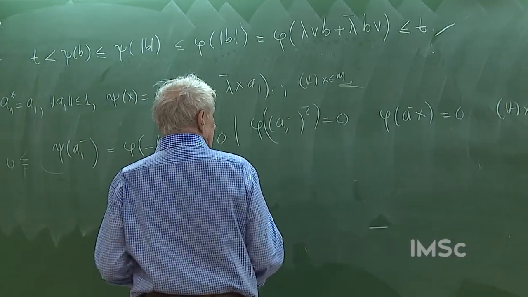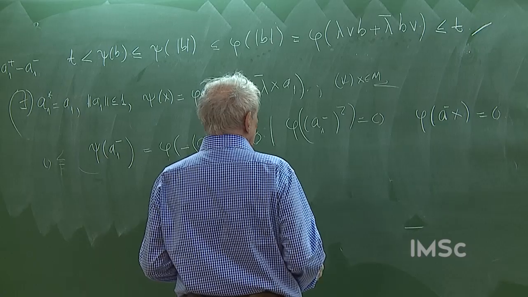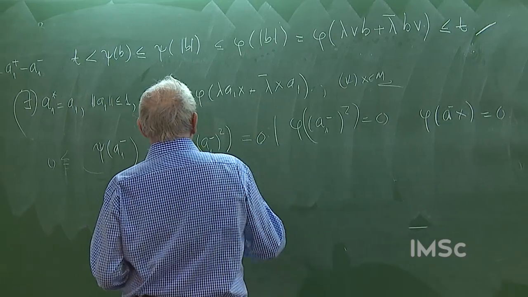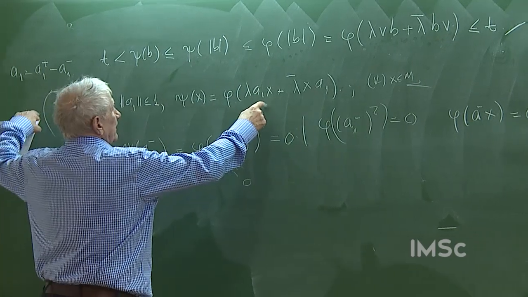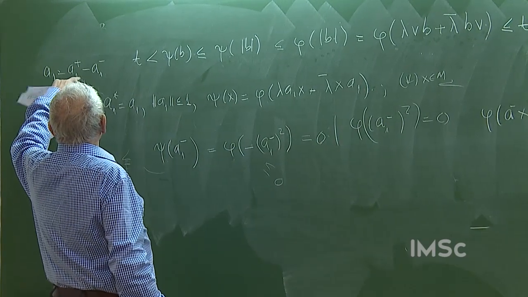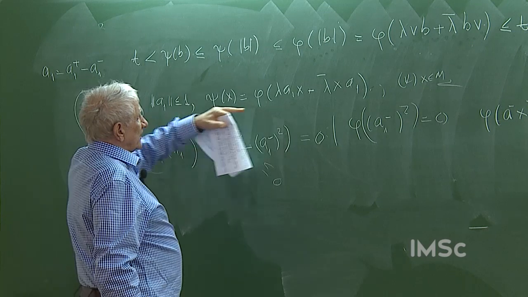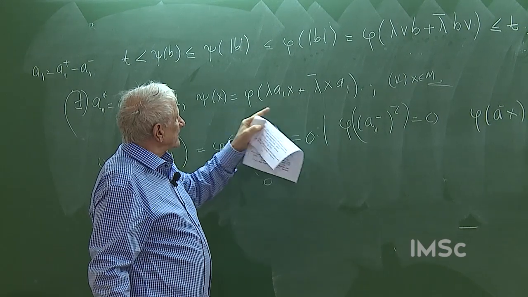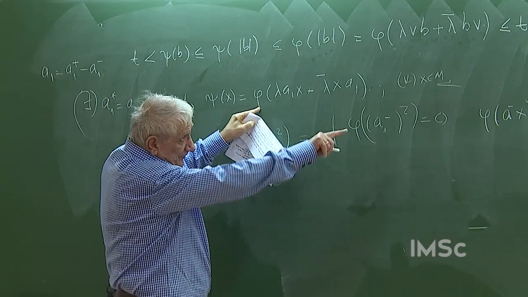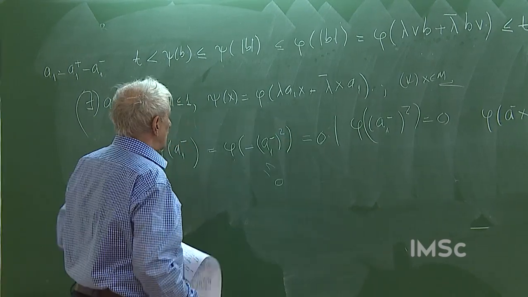And consequently, if you write here A1 is equal to A1 plus minus A1 minus, each time that A1 minus appears, it disappears because phi of that thing is equal to 0.